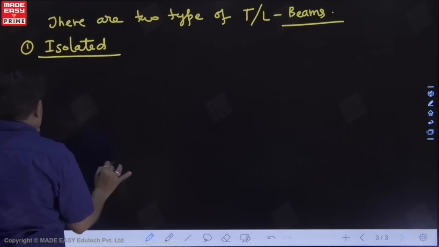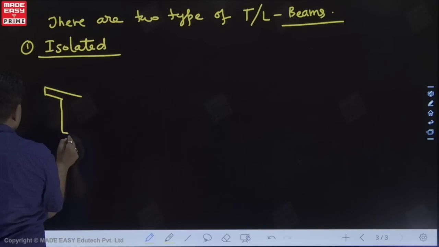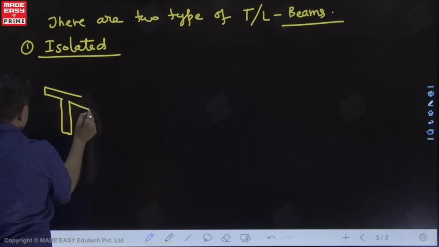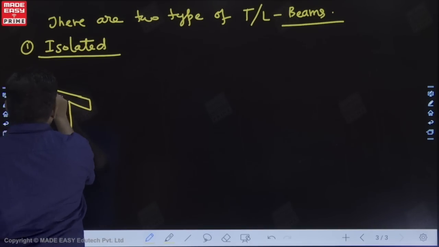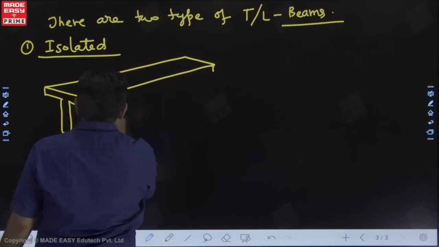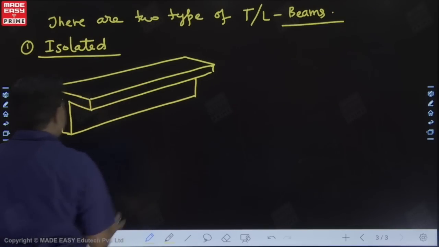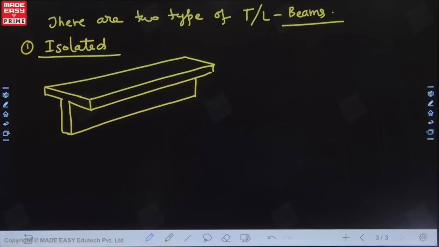Isolated means a single beam like this, just a single beam. This is a single isolated T-beam.